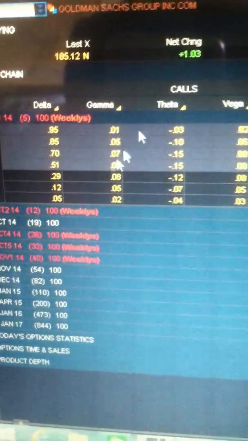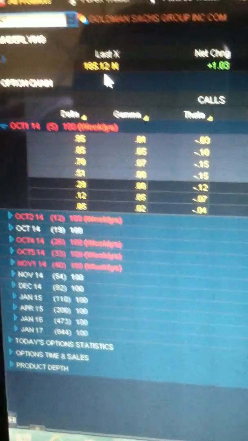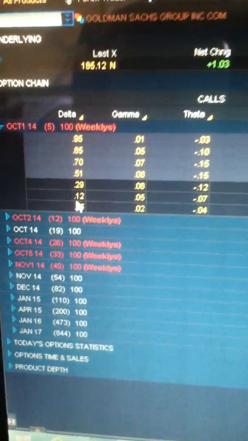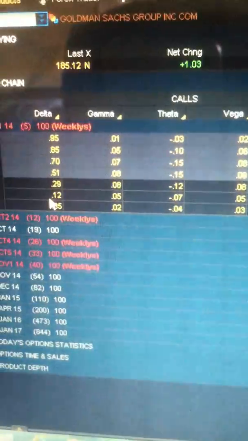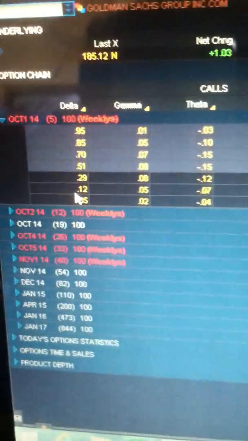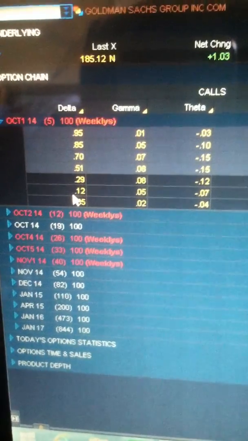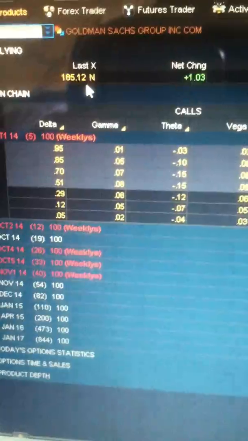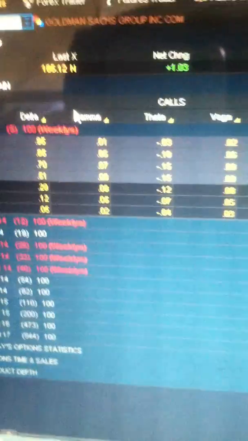So for every dollar Goldman Sachs moves up, depending on how many contracts you have, if you buy 10 contracts of Goldman Sachs, that's 1,000 shares, your contract is going to gain $120 per dollar move in Goldman Sachs. That's fact. Moving on to gamma.